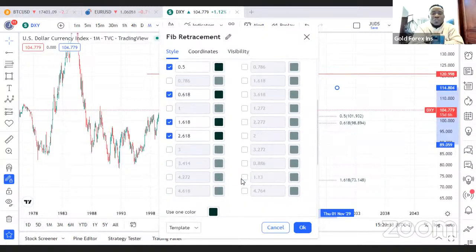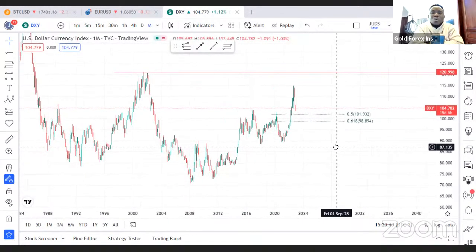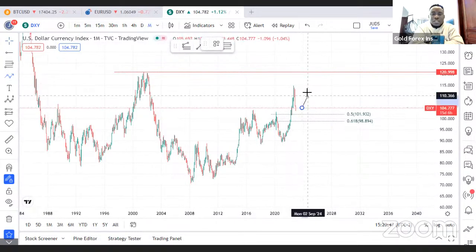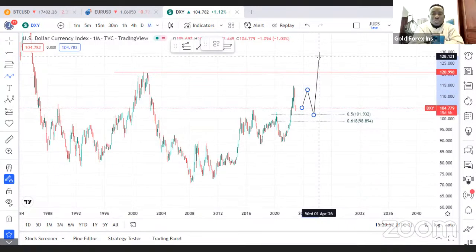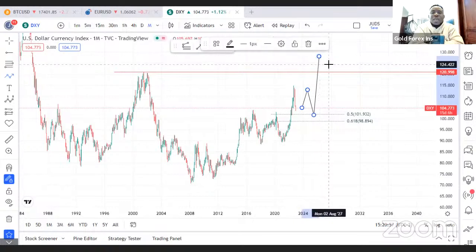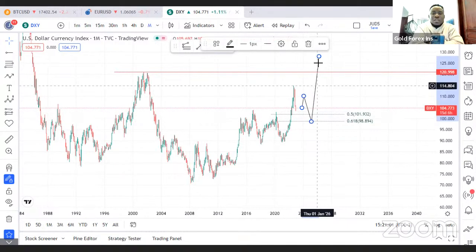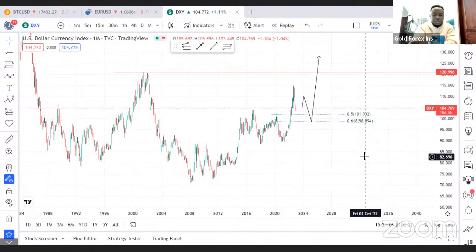If it forms a flat, then the current move will go up to where it started the correction and drop down to 50 to form a flat correction, then go up. If it's forming a zigzag, then it's forming a small correction and drops to 61. So that's what I'm expecting.